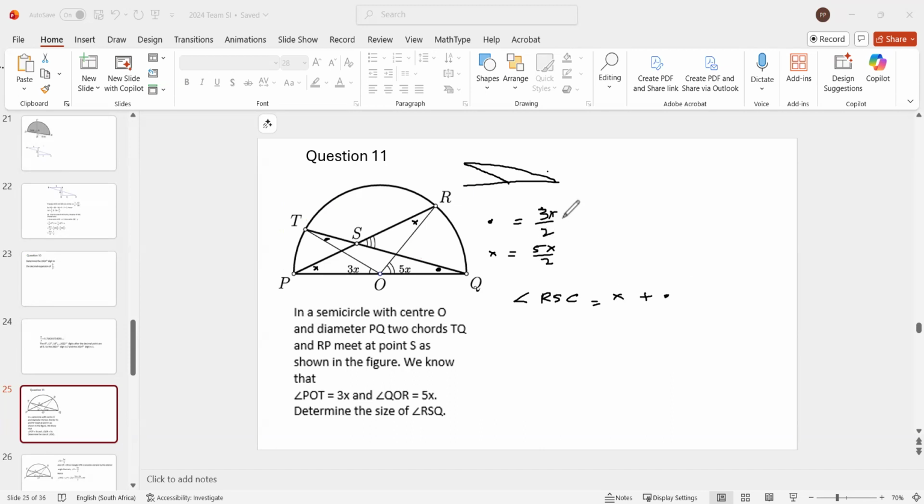And that is 3x plus 5x over 2, which is 8x over 2, which gives you 4x. I don't know whether we were supposed to actually calculate what the x is. Somehow I don't think it has a unique answer. All right, but whatever the case may be, they don't say determine RSQ in terms of x. They say determine that angle.